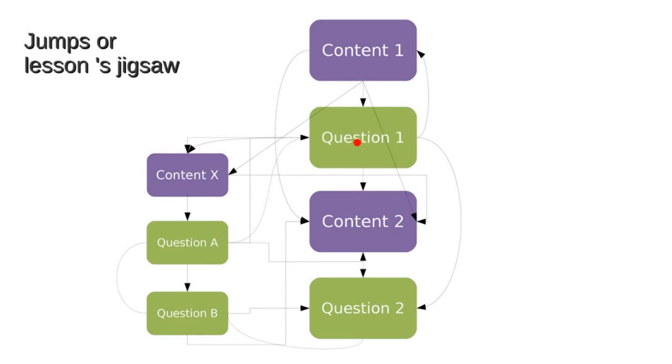Or after a specific answer, someone may be redirected to another content page that may be linked to other question pages and then go back. There are a lot of ways to make that trip inside the content and question pages.